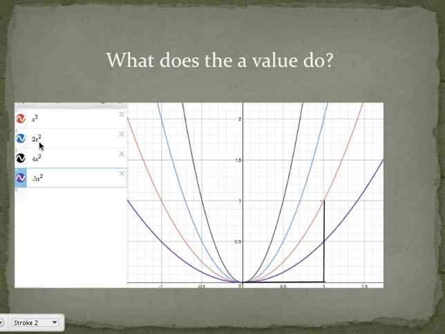On this blue graph, I've gone to the right 1, but instead I've gone up 2. I've gone to the right 1 and up 2. So you can see that my A value is 2.